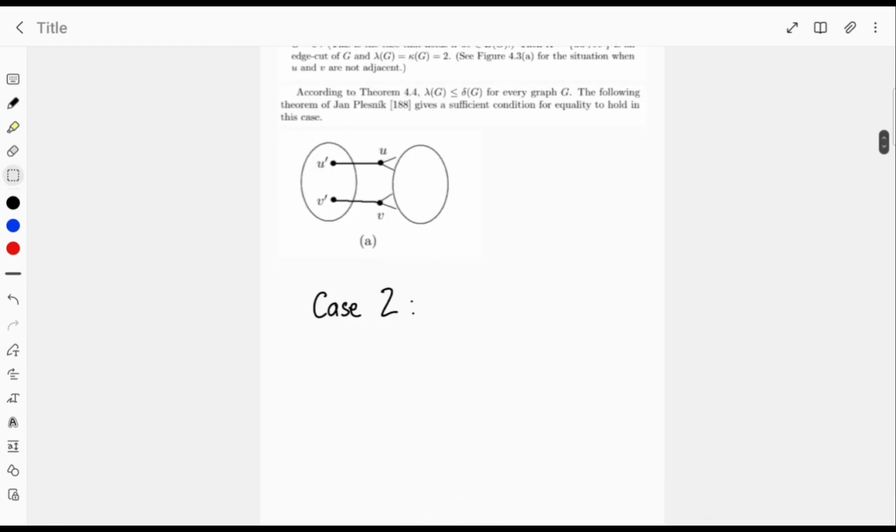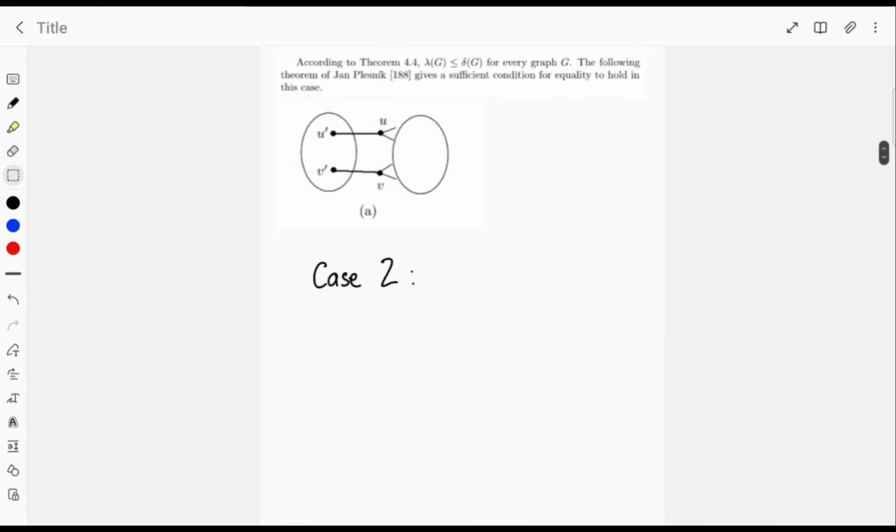Okay, so u and v are not adjacent. Suppose let's have a graph example. A cubic graph has 3 edges per vertex.